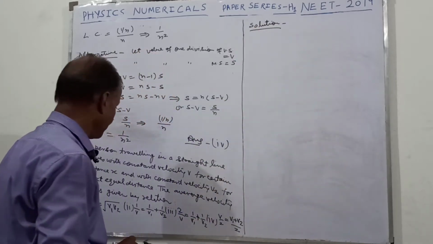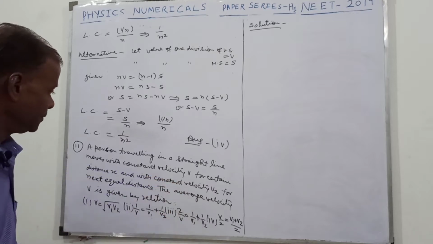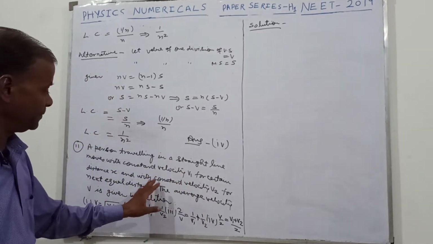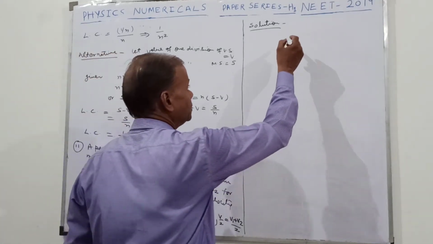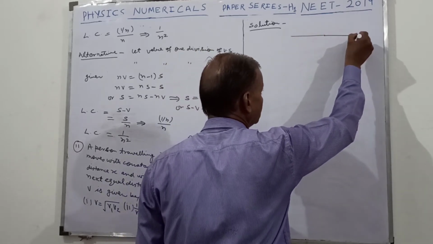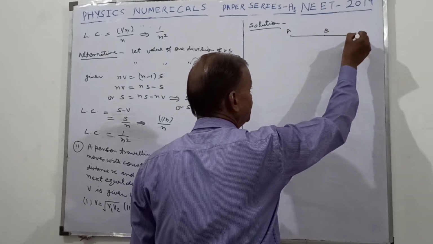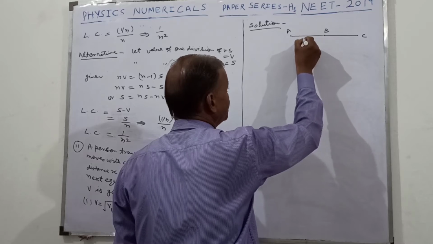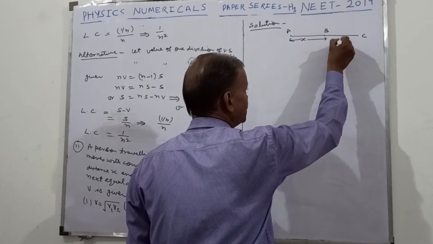Solution. What is given? The person is moving in a straight line with a constant velocity v1 for a certain distance x and with constant velocity v2 for the next equal distance. This is given like this. This is A, B and C. Here the distance given is x, and this distance is also x.